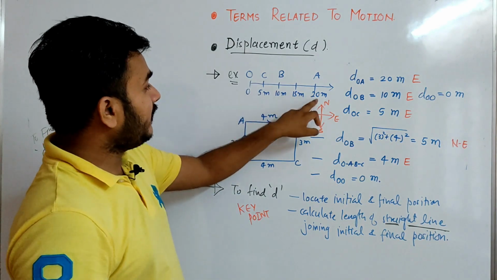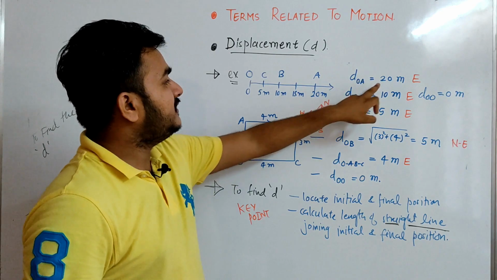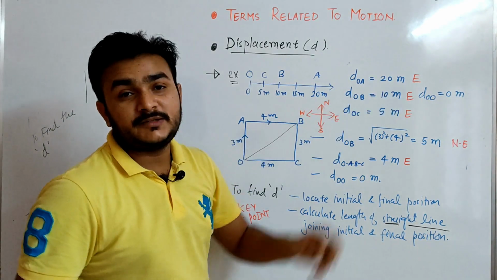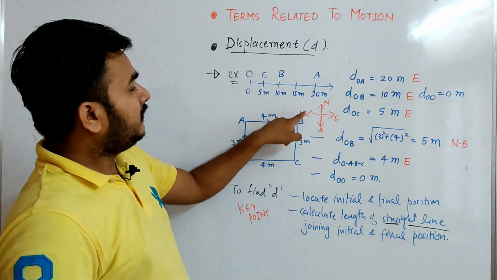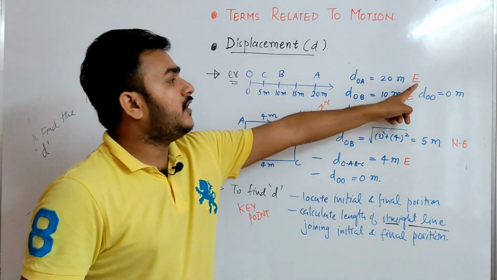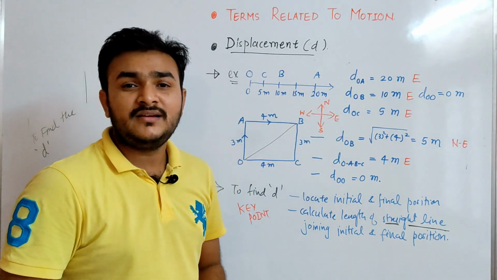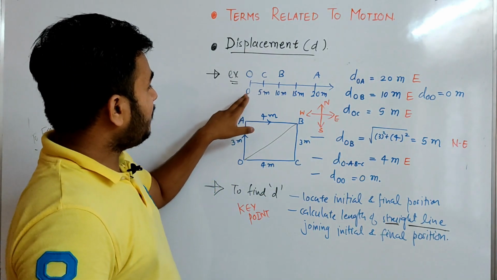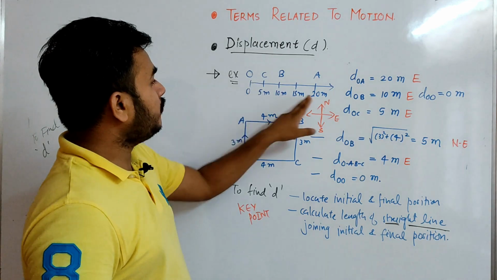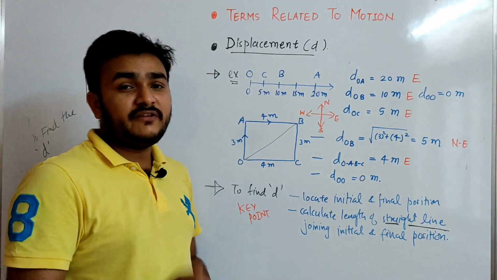So here O to A, the straight line is having 20 meter distance, so 20 meter is the displacement. Now see that with respect to point O, the A is in the east direction, so I have specified the direction of the displacement is towards the east. Now if I want to find out the displacement for the O to A to B journey, then again locate the initial and final position.